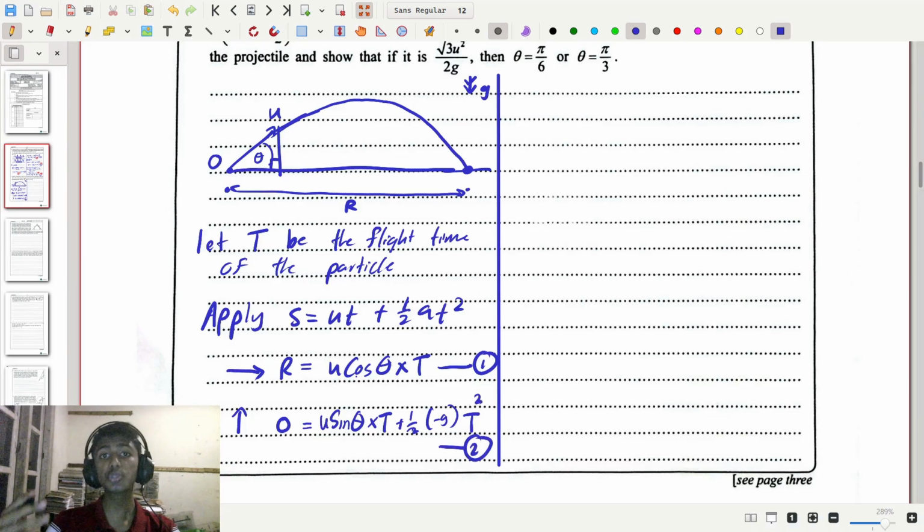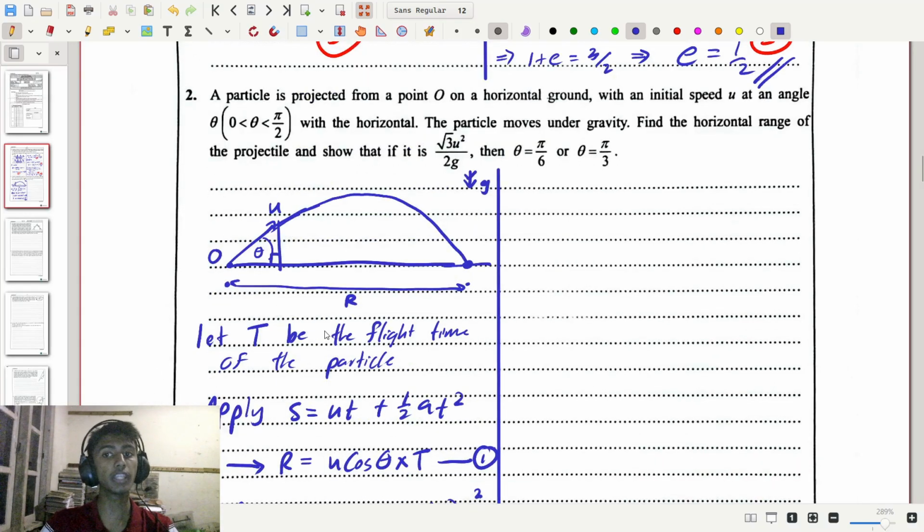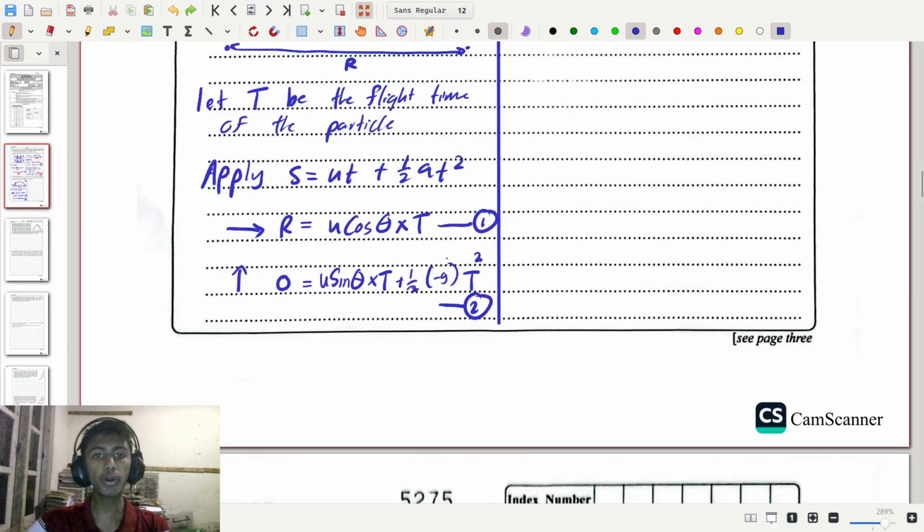Now all we need to do is to use equation number 1 and equation number 2 in order to find the variable that we want, which in this case is the horizontal range, so we need to find r. In order to find r here, all we have to do is to substitute into this value t some expression from all of this stuff, which will then get us r in terms of only u and theta.